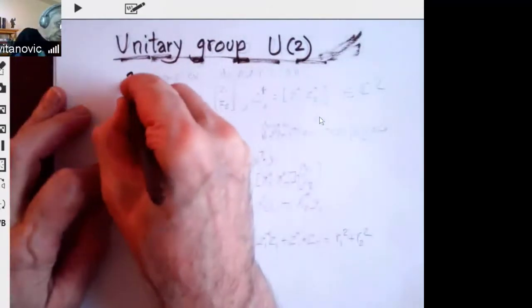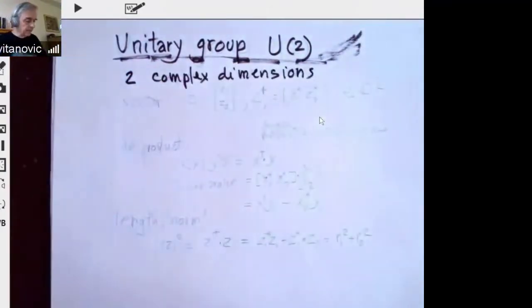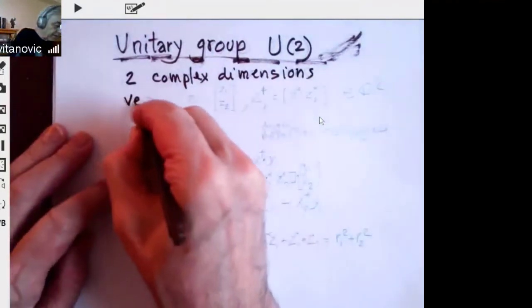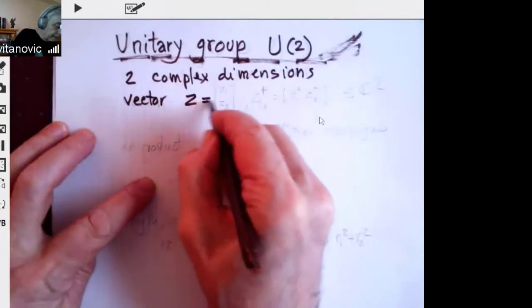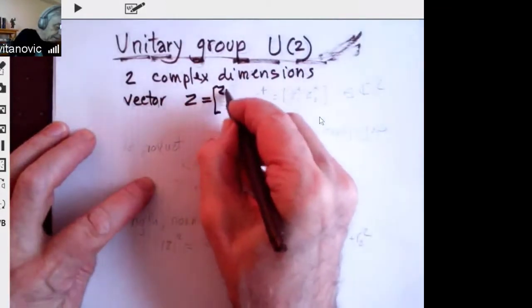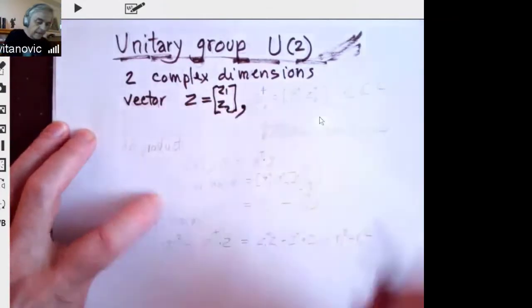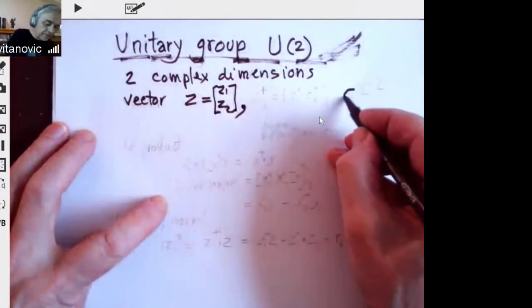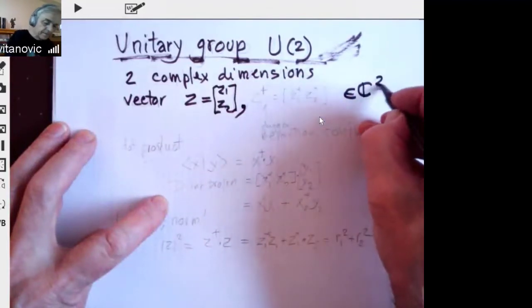Unitary group U2. We take two complex dimensions. In other words, the space in which our vectors live has two components, Z1, Z2, and each one is a complex number, so that's an element of complex numbers twice.